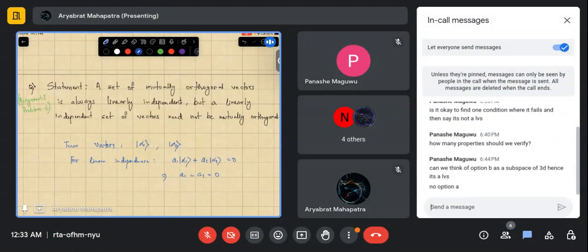At the start of this session, we went through that question, which we also partially discussed last time. So for linear independence, this is the condition that has to be fulfilled.